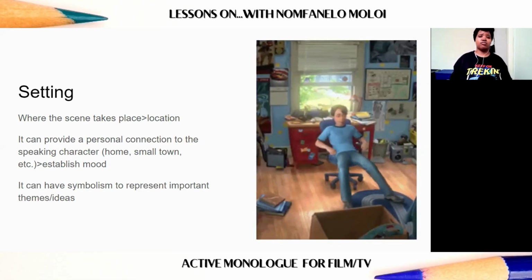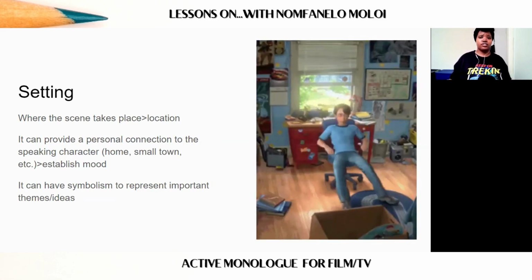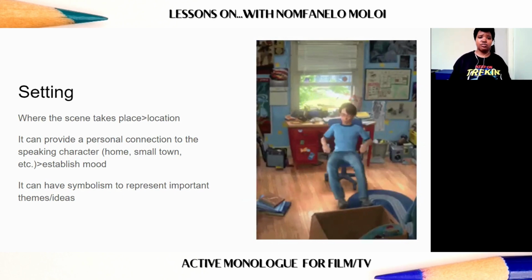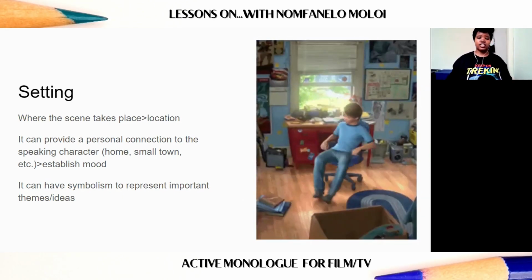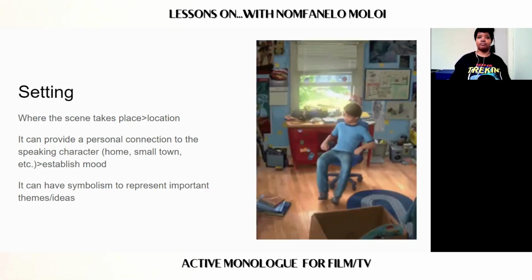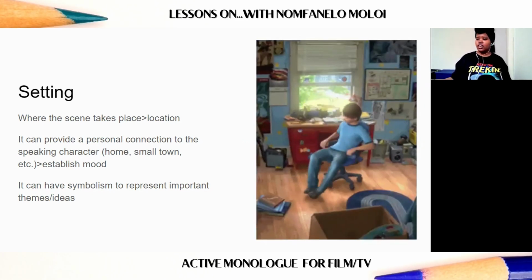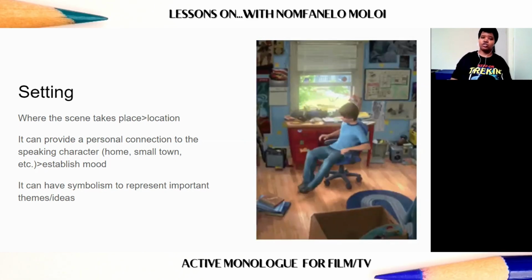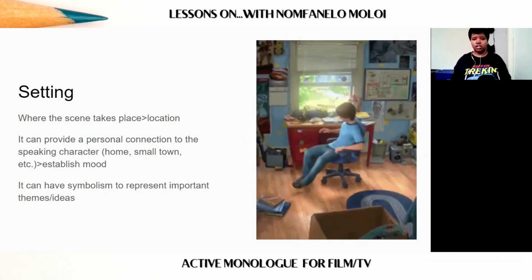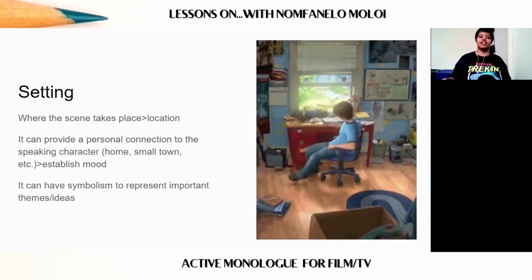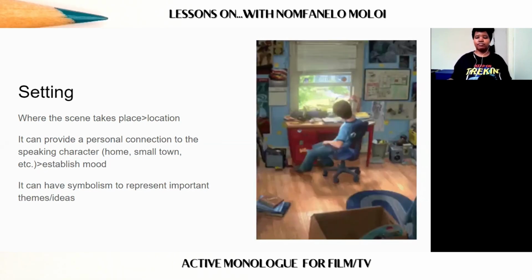And it can have symbolism to represent important themes or ideas. So going back to Toy Story 3 with Andy's bedroom, the important themes always deal with childhood and innocence, because here it focuses on maturing from kid to adult. Those could be themes, for example.